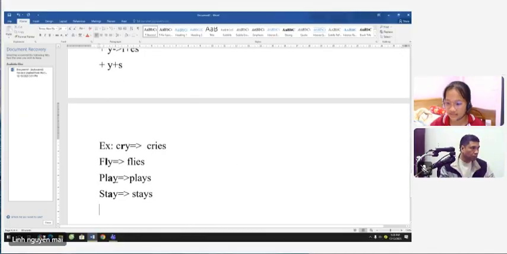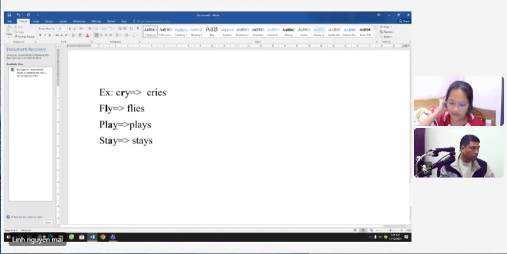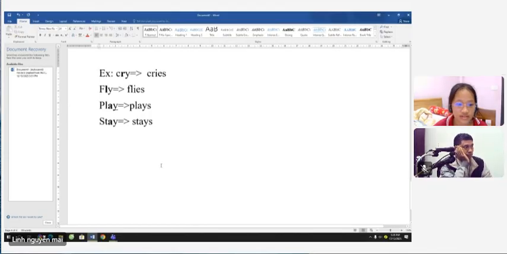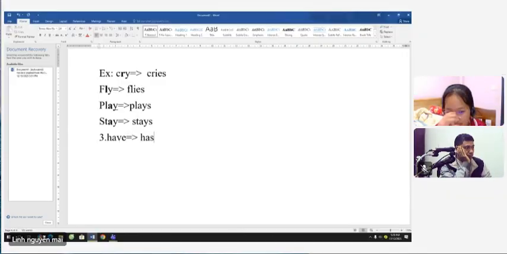In the lessons, we have learned about countable and uncountable nouns. Next is the verb have, which will become has. Okay? So they are different. We have an example: he has a new car.